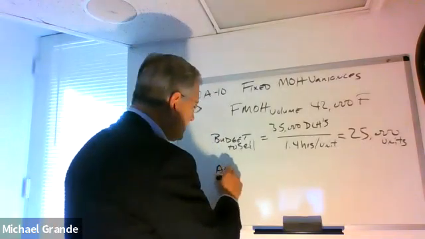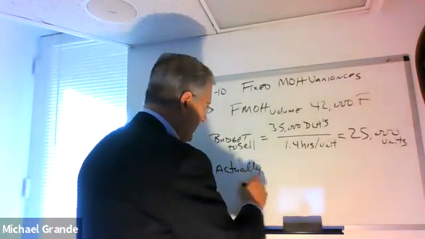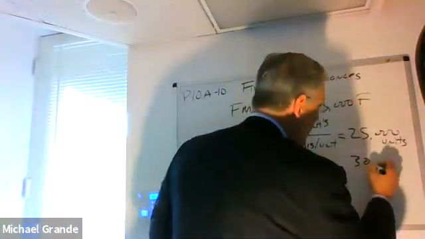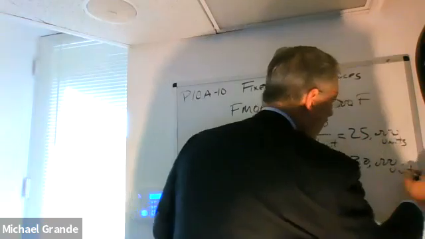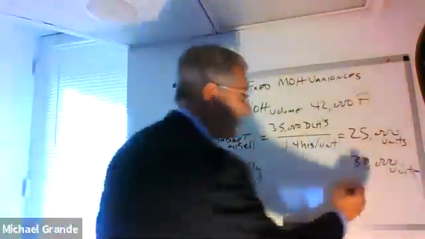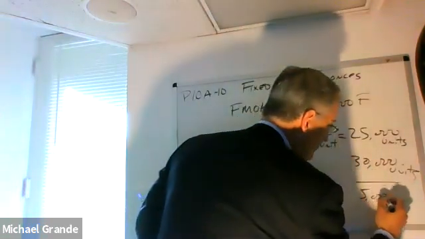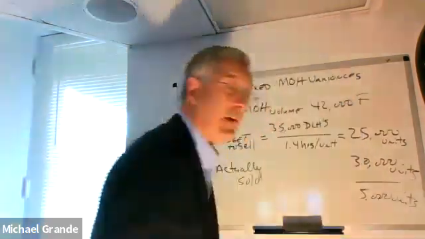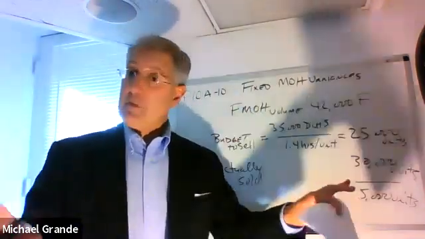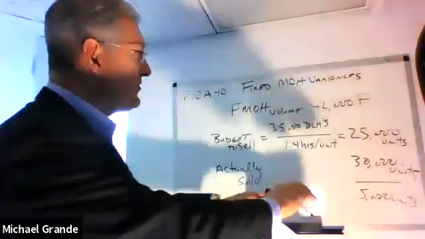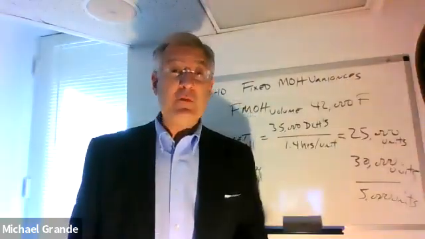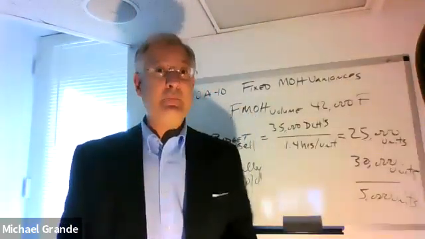How many units did they actually sell? Well, they told you that was 30,000 units. All of your SQs were based on that number, 30,000 units. So they sold 5,000 units above budget. Who's responsible for sales? Salespeople. So this is your volume variance right here. The volume, the number of items you sell, your activity.